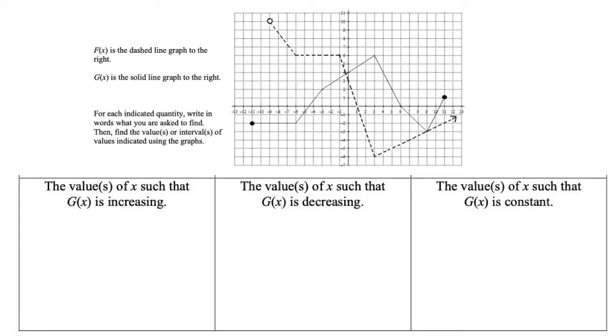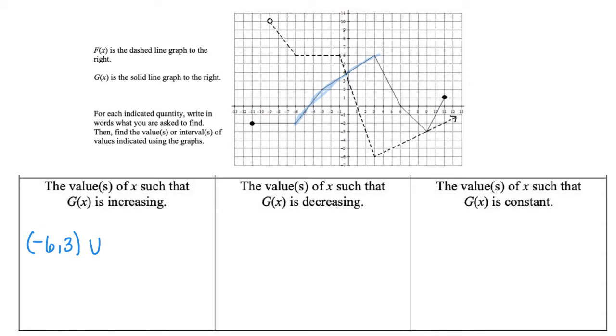Now let's look at some g of x values. So the values over which g of x is increasing, that's going to be from negative 6 to 3, union. And keep in mind again, you're looking where the solid line is increasing, so that's why we're saying negative 6 all the way up through here to 3, you're increasing.